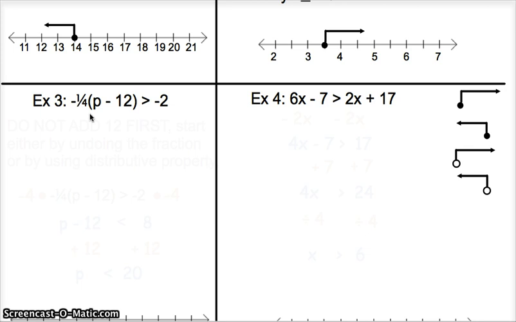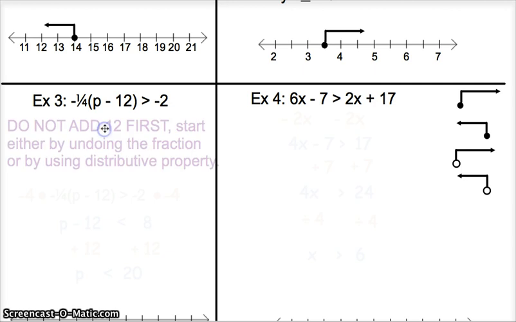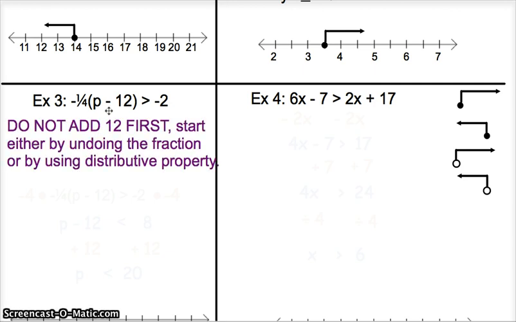Okay, example 3. This one we have a fraction and parentheses, so let's figure out how to do that. If you're thinking, hey, I could just add 12 to both sides, that actually does not work. You do not want to add 12 first. The reason why is that in order to undo this subtraction, I first need to undo these parentheses.